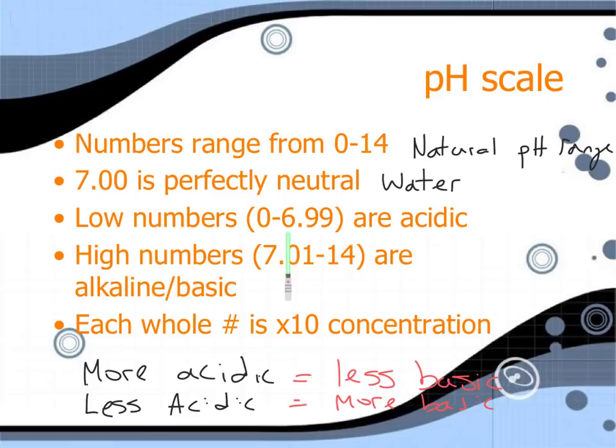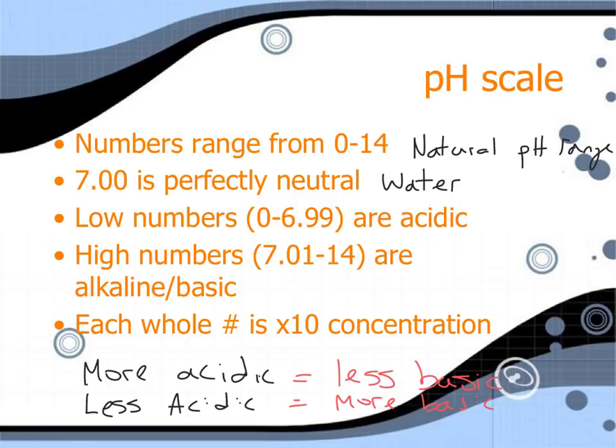Low numbers on the pH scale are acidic, anything less than 7. That's counterintuitive. People often think as the numbers go up, it becomes more, but in fact in the pH scale, as the numbers go down, you become more acidic or less basic. Now high numbers are assumed to be more basic or less acidic. Numbers above 7 compared to water.